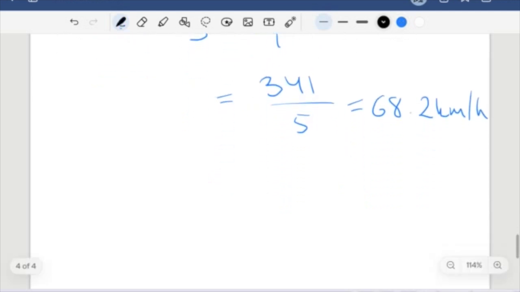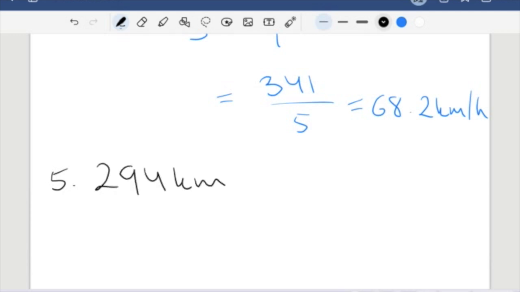Okay, our very last question. We want to find how long it will take a vehicle to travel 294 kilometers at speed 56 kilometers per hour.